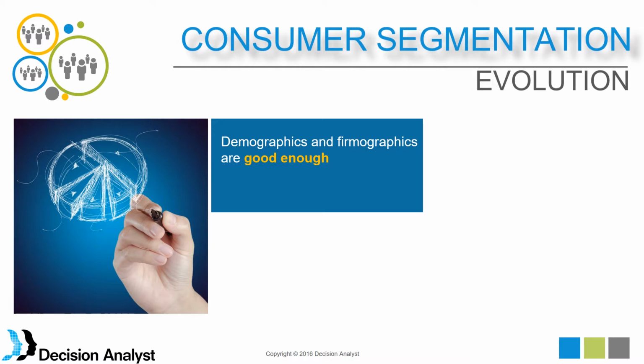So demographics for households or firmographics for businesses are fairly straightforward in most cases. The decision maker is generally identifiable, and characteristics such as income, revenue, size, gender, and so forth are readily attainable without too much effort. So this approach yielded homogeneous groups who had similar observable characteristics.